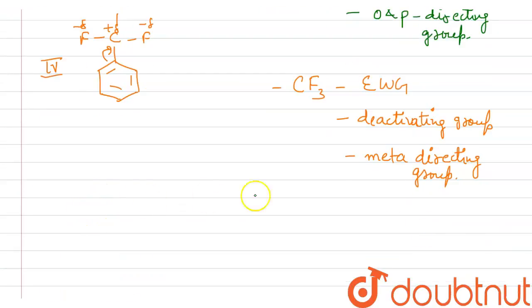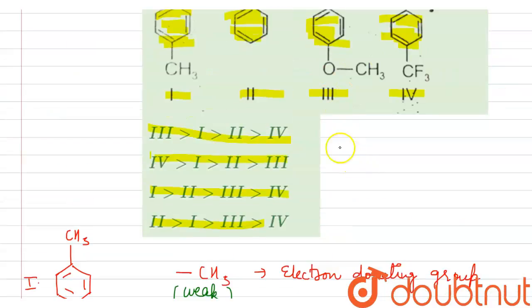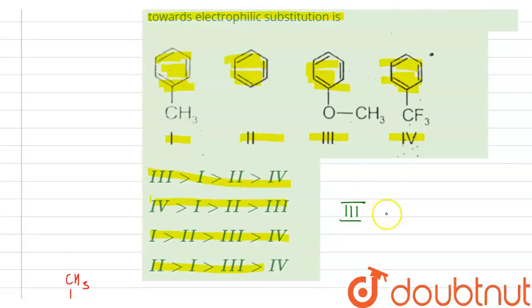So the third one is the most reactive towards electrophilic substitution. Then is the first one. Then is benzene, because the last, the fourth one with the CF3 group, is a deactivating group, so this will be in the end. So the correct option here is the first option.